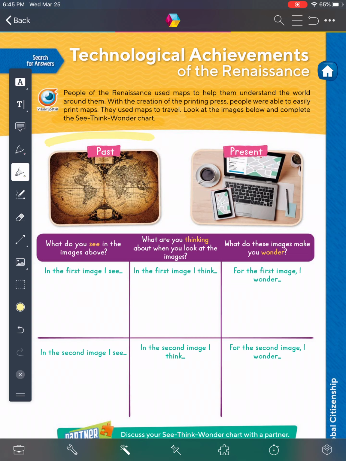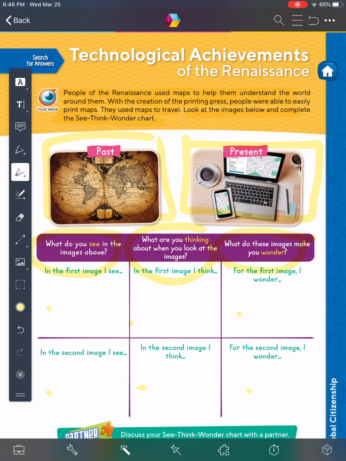So we have an image that represents the past, and we have another image that represents the present. What do you see in the images above? On the first one and on the second one. What are you thinking about when you look at the images? And what do you wonder when you see these images?